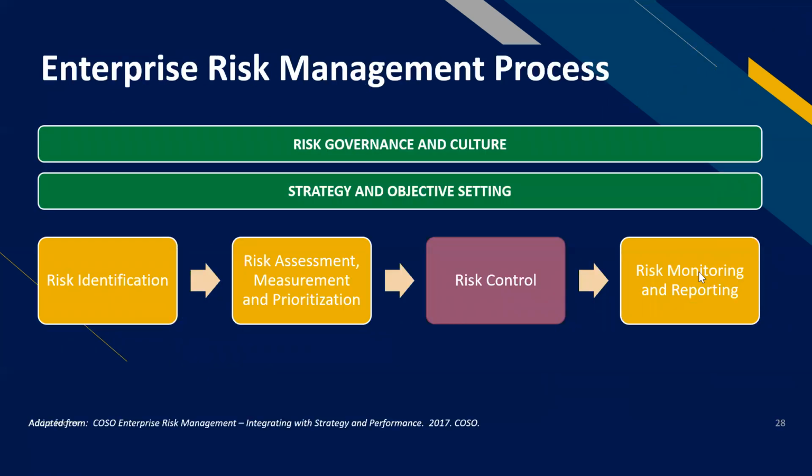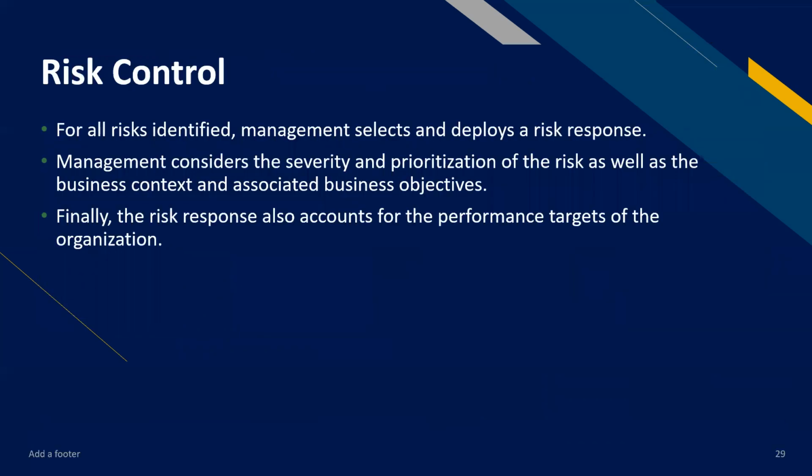Now we go to risk control. Risk control, risk response, risk action plans, essentially. Okay, so those are three terms. And essentially, risk control means how to manage that risk, how to mitigate the impact, and what action you do with respect to those risks. So for all risks identified, management selects and deploys a risk response.